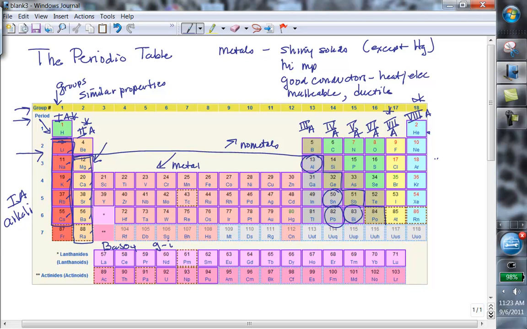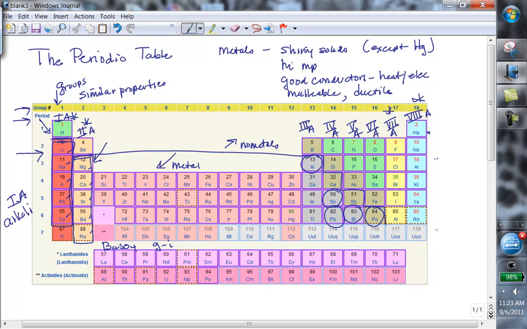In group 5, we have bismuth. And I will mention the one that is in group 6, which is polonium. Several years ago, a Russian spy was poisoned in England with polonium, and it was really very difficult to detect. They didn't figure that out until he had almost died.